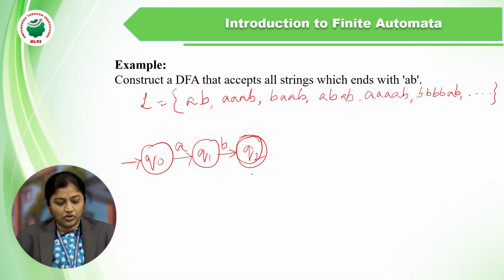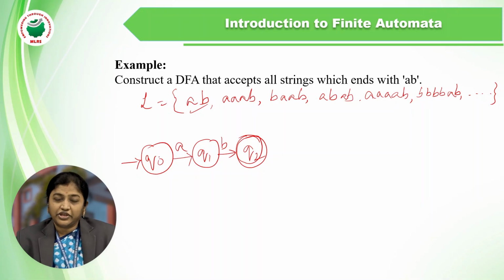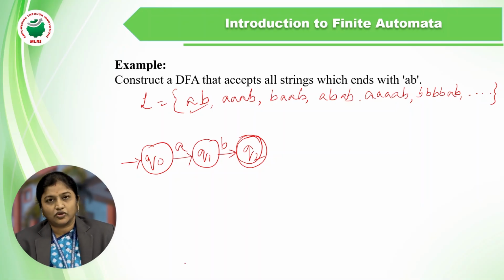Since the first AB is satisfied, if there are 3 ABs we'll check later. First, from each state we need to check both input symbols.